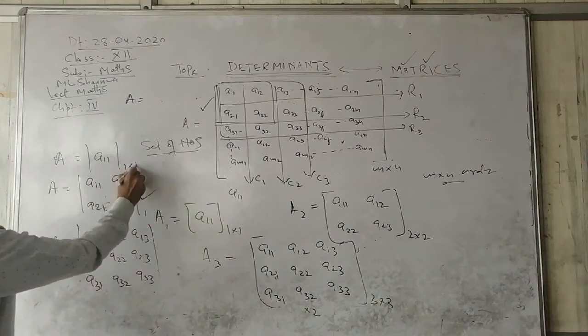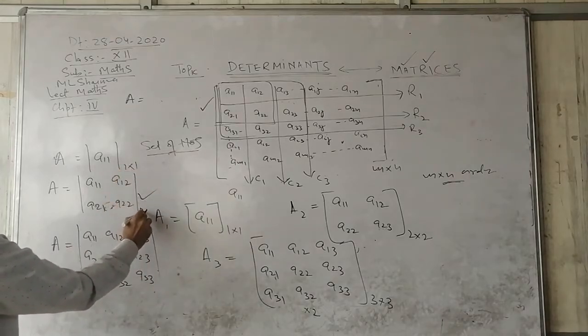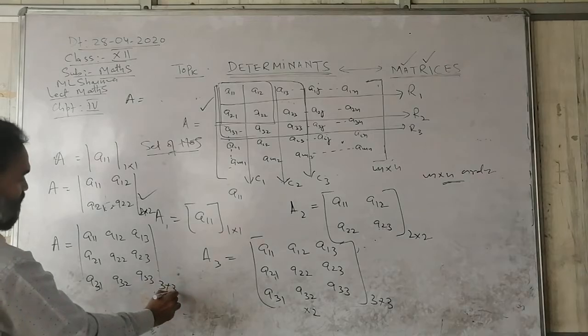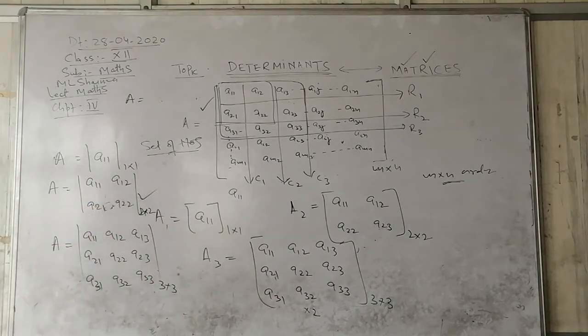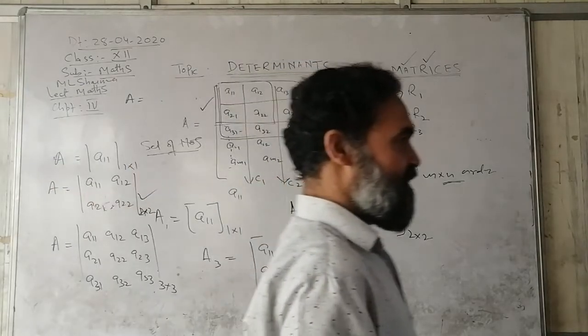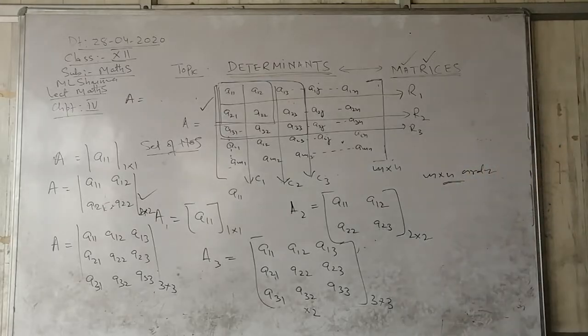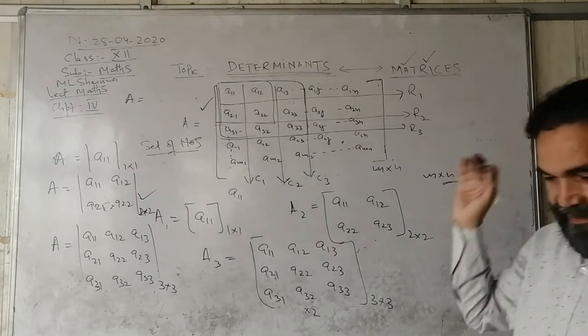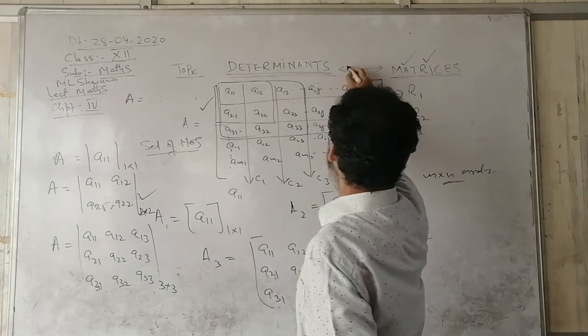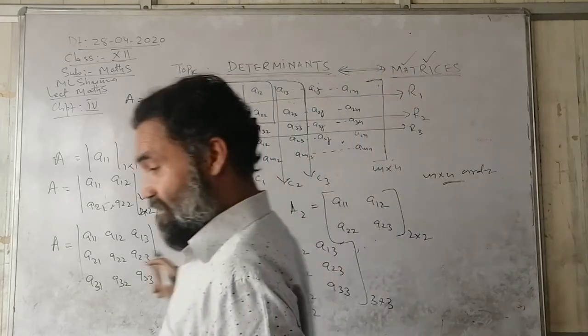So it is order 1 by 1, 2 by 2, 3 by 3. So matrices and determinants are related to each other, they are connected with each other.